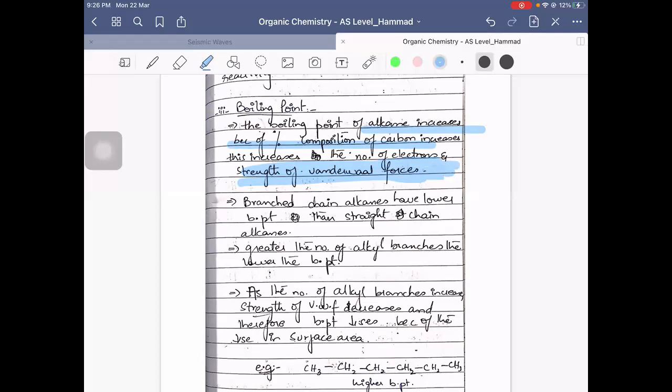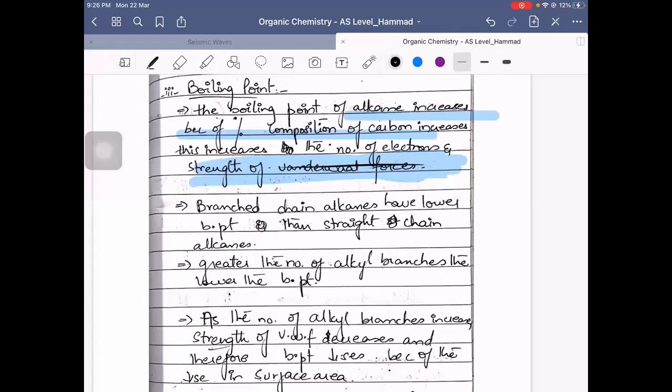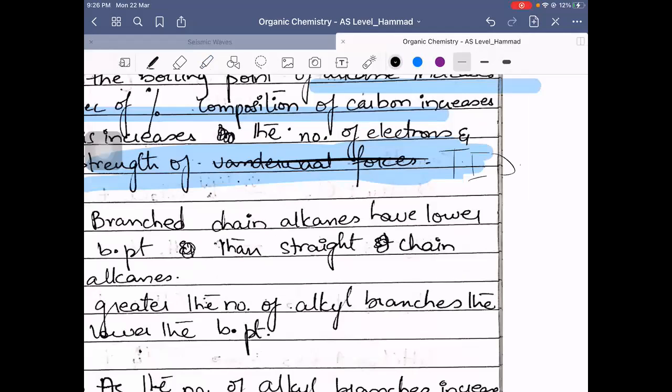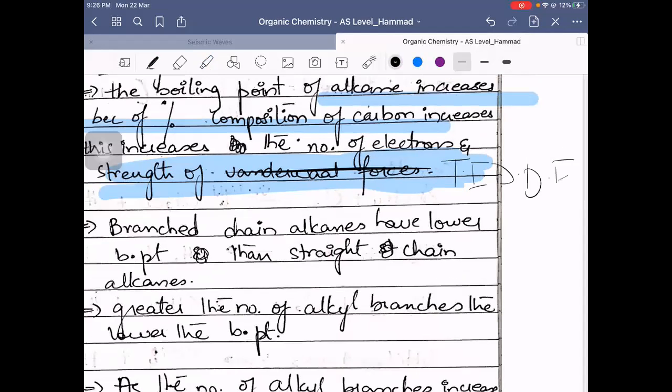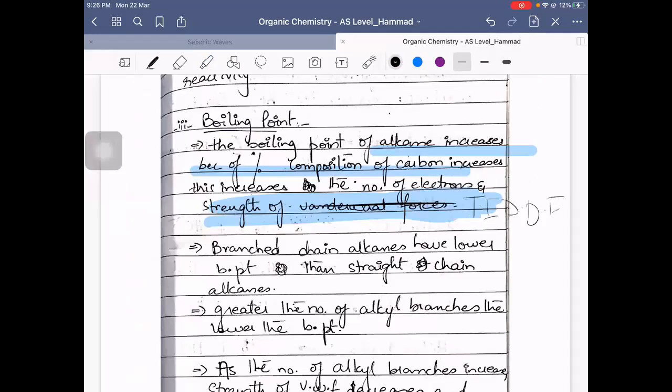Please try to avoid the phrase van der Waals forces. You can use temporary induced dipole forces. I'm just writing down a short form: temporary induced dipole forces instead of van der Waals forces. These are the induced forces because of the presence of electrons.